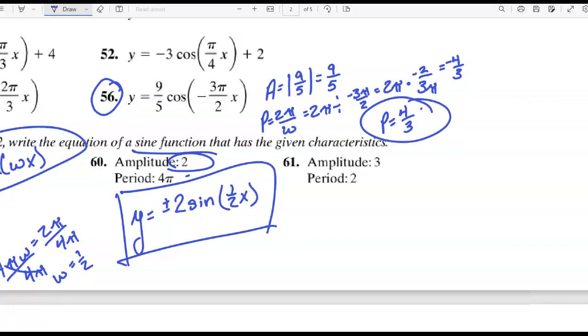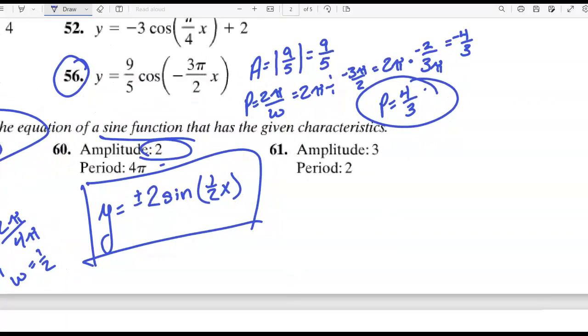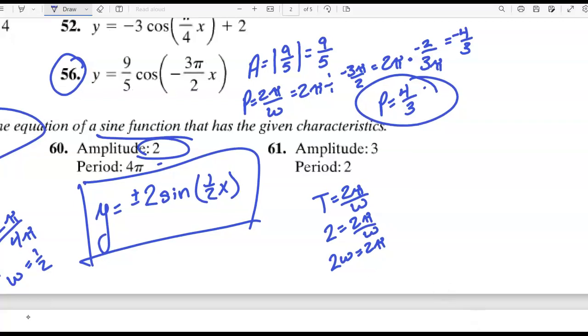Okay, let's do one more. And you may want to pause the video, try it, and then come back. So here we know amplitude is 3. We've got to figure out what's going on with that period. So to figure out omega, we're setting up this little equation. And then it looks like omega is going to be pi, which we divide everything by 2.